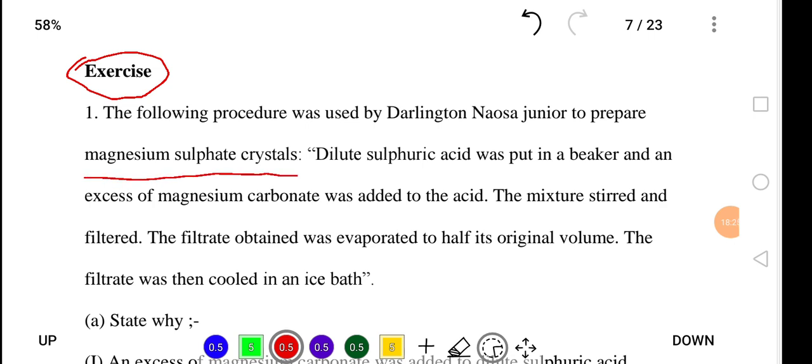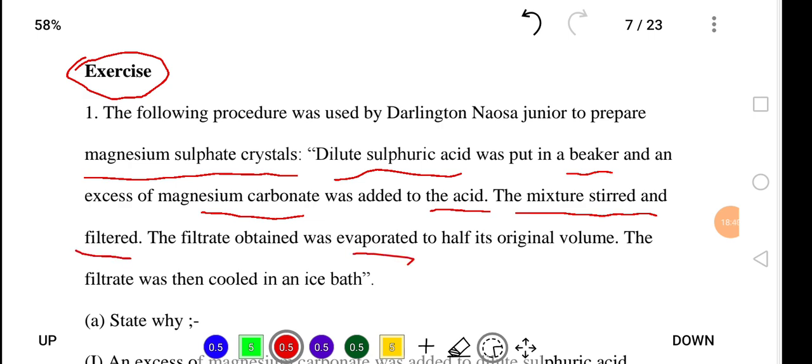Dilute sulfuric acid was put in a beaker, and an excess of magnesium carbonate was added to the acid. The mixture was stirred and filtered. The filtrate obtained was evaporated to half of its original volume. The filtrate was then cooled in an ice bath.